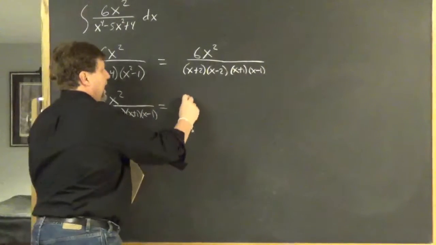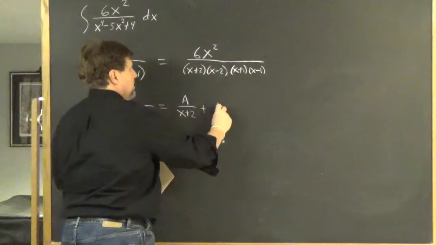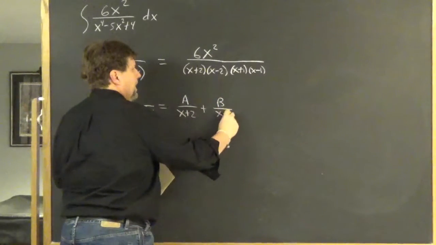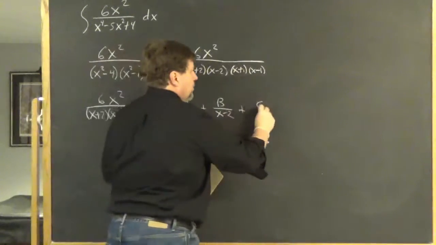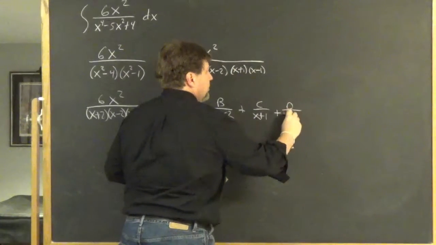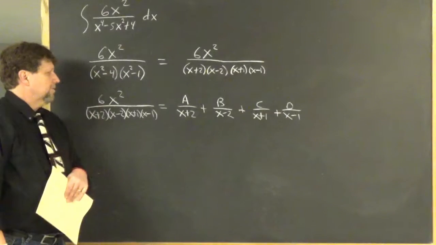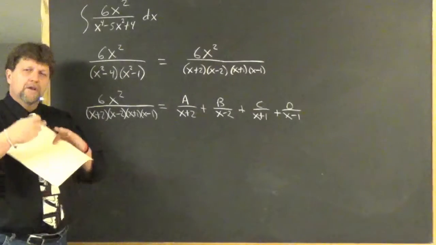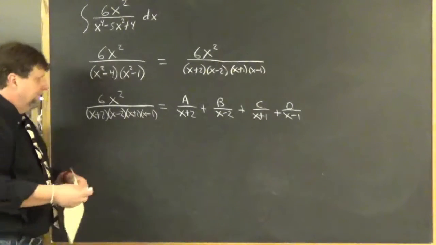So that gives me A over x plus 2 plus B over x minus 2 plus C over x plus 1 plus D over x minus 1.